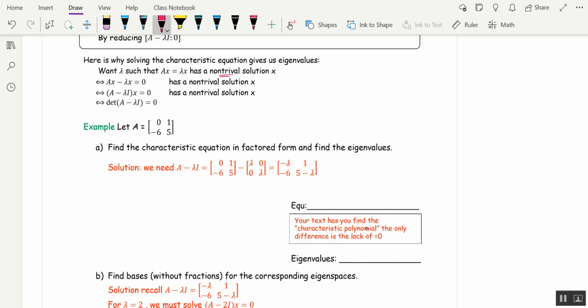For the characteristic equation, we want to solve the equation determinant of A minus lambda I equals 0. So when you start, you're going to have 0 equals, I'm putting a 0 on the left because I'm going to have to work with this, determinant, that's a straight bar, and I'm going to put in the matrix A minus lambda I.